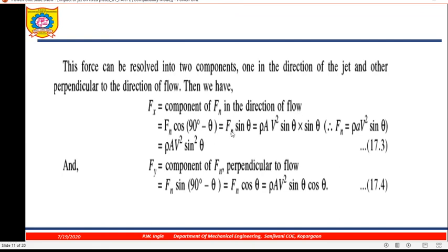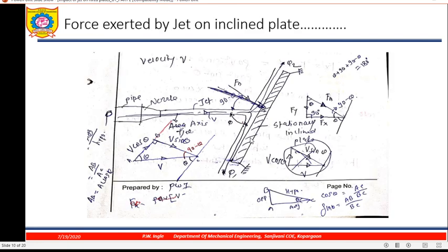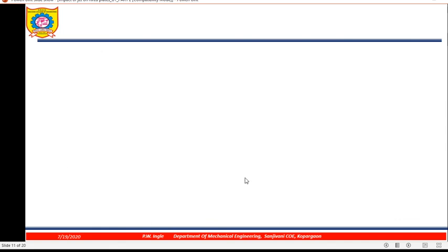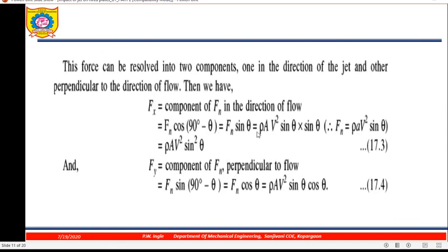So it is Fn sin theta, or Fn cos 90 minus theta. So you are getting rho a v square sin square theta. Then Fy equal to the component of Fn perpendicular to the flow, that is Fn sin 90 minus theta or Fn cos theta. So it is rho a v square sin theta into cos theta.